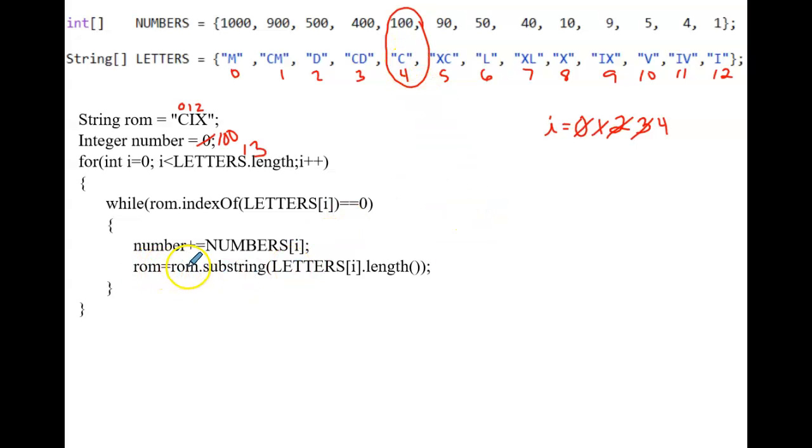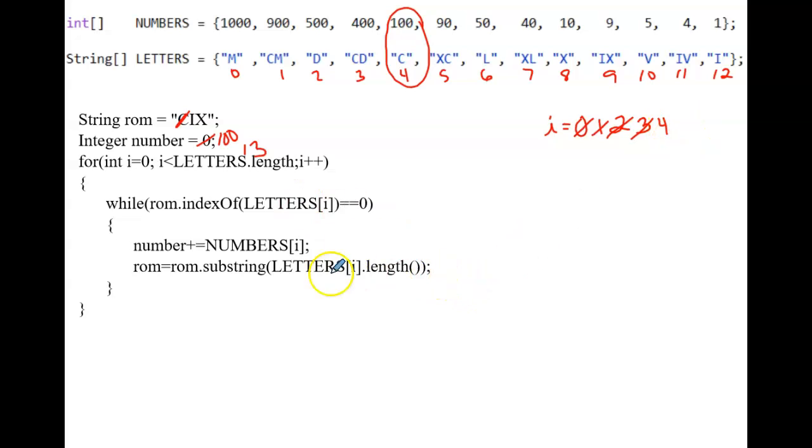So now our ROM, its new value is going to be the substring starting at 1 and going through the end of the string, which eliminates the capital C from the string and leaves us now with IX. So we got rid of the C, and now we're left with IX in our string ROM.